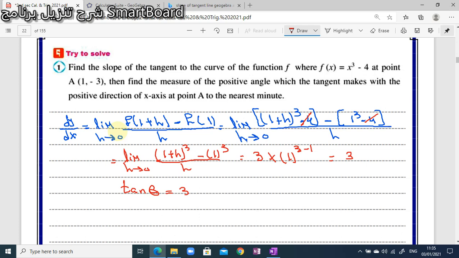To find the angle, we shift tan, and the angle theta will be 71 degrees 33 minutes and 54 seconds.